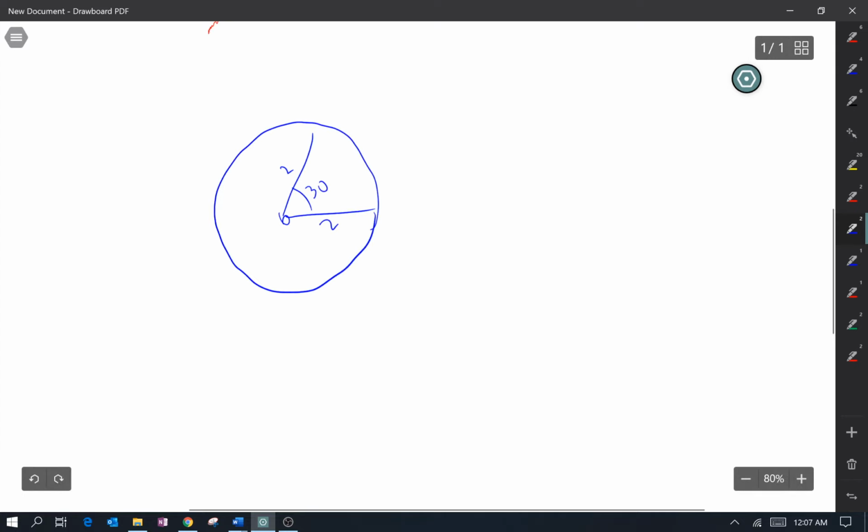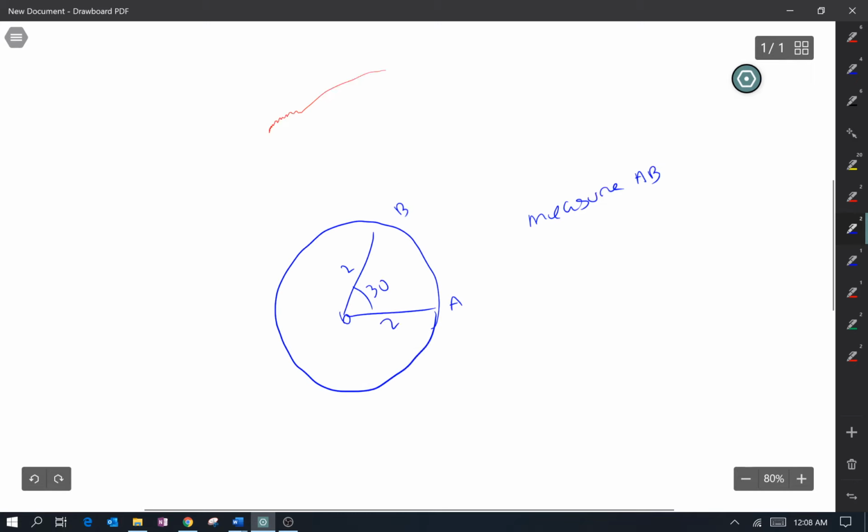All right, so I have a circle. The radius is 2. If I ask you what's the measure of the arc, let's call this AB, so let's find the measure of arc AB. Well, the measure of arc AB is 30 degrees.